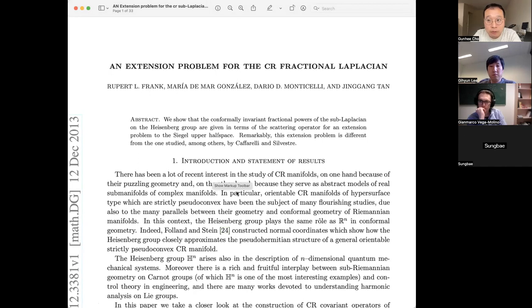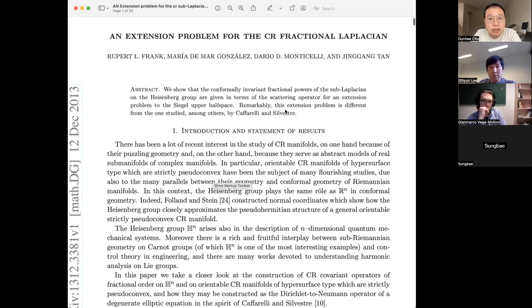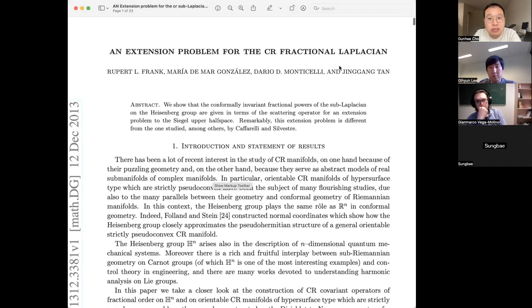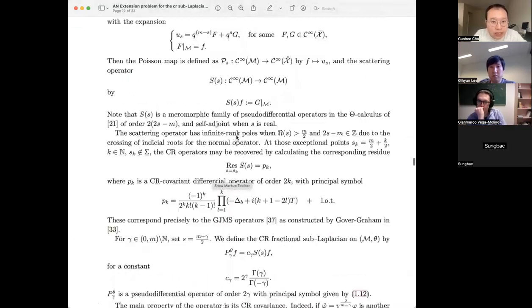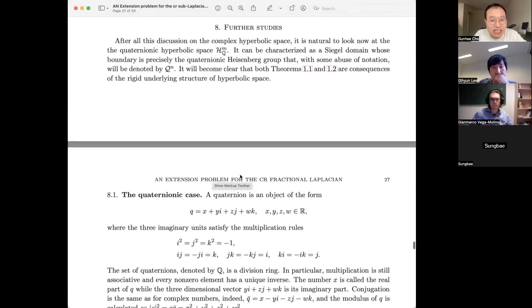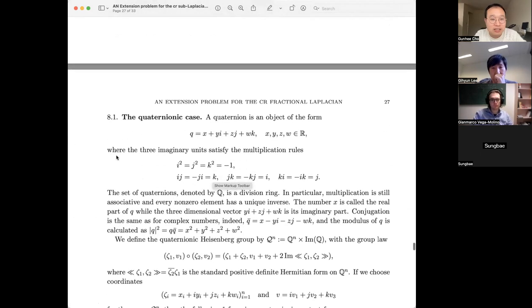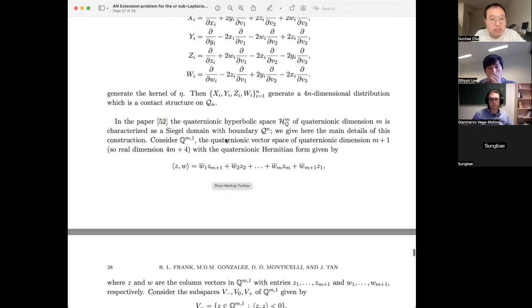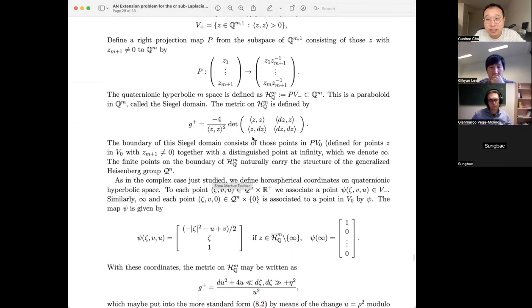And this one has a limitation. That's actually what I already know. So this is not the case of the general fractional Laplacian. There is a certain range of the fraction, because the group Fourier transform only works for a certain range of the fraction. So this paper was lucky enough to extend a certain case. That's why in the appendix of this paper they explain that they also wanted to extend the case to the quaternion Heisenberg group and other cases, but they didn't know how to do it.